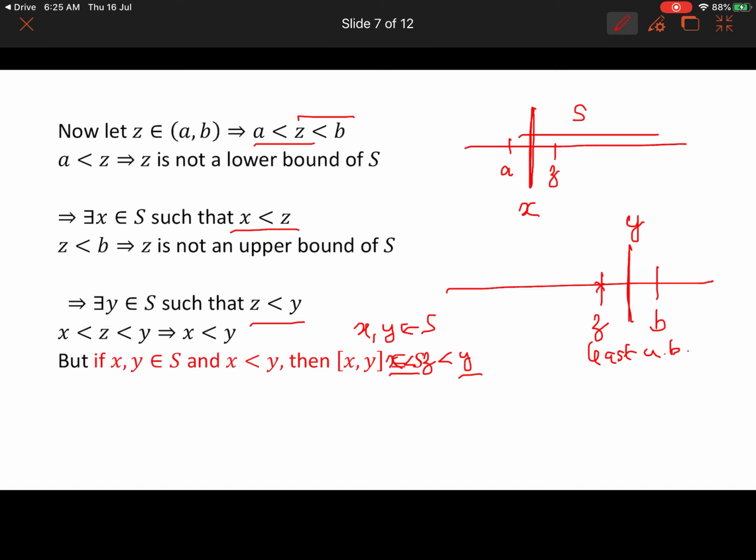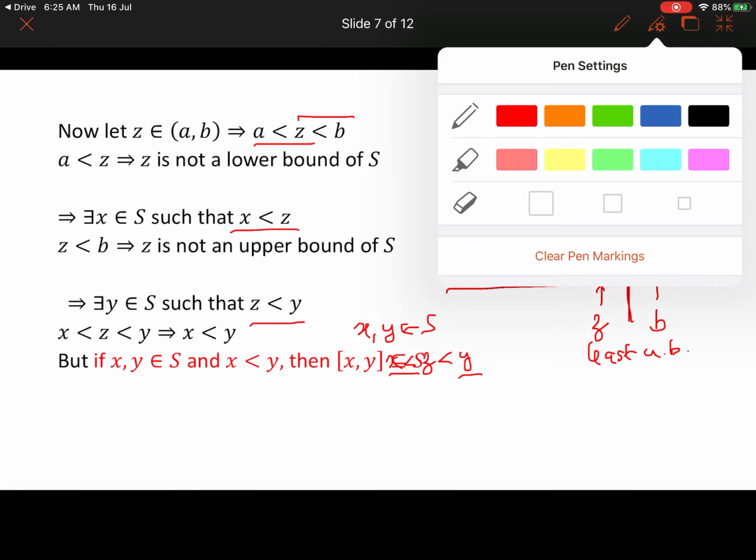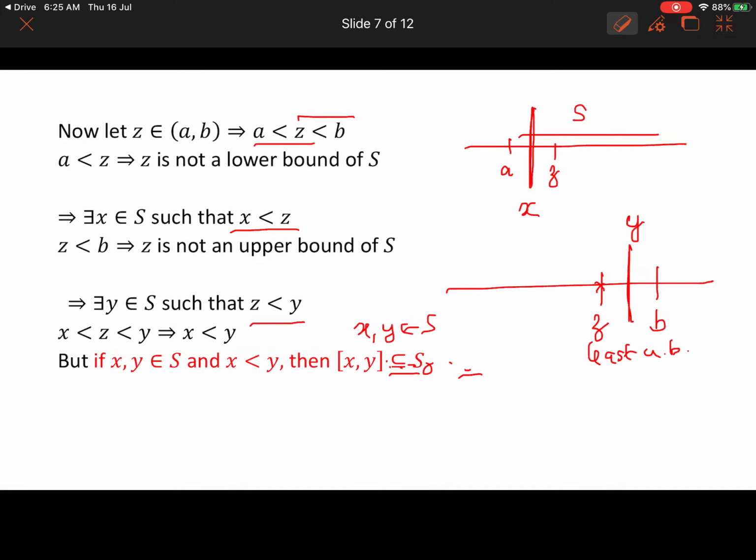Now by our assumption, if X and Y are in S and X less than Y, then closed interval XY is a subset of S. So here also closed interval XY is a subset of S, and Z is between X and Y. Z is between X and Y. So Z is in closed interval XY.